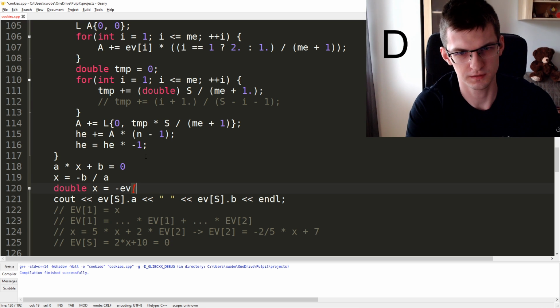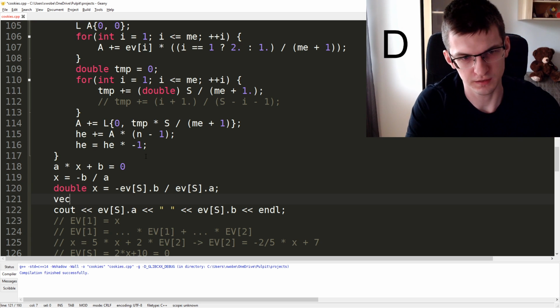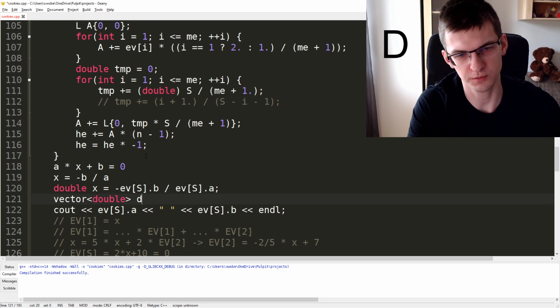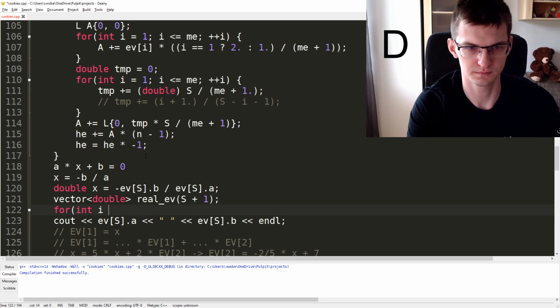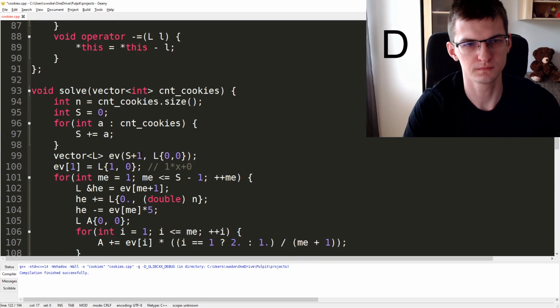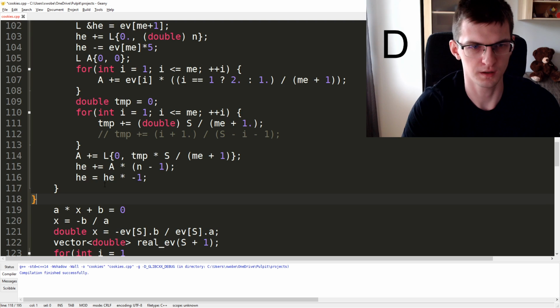Minus b over a. And using that, I can compute the real EV for every state. This is after the for loop is done.